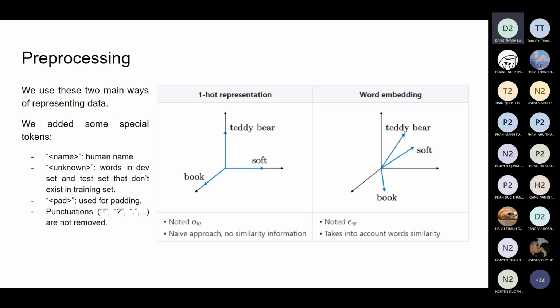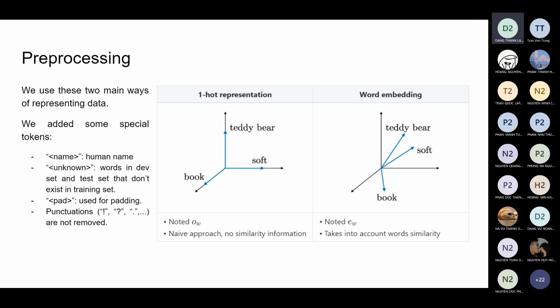Okay, so for pre-processing, because the dataset is already cleaned by the author, the next important thing we have to take care of is data representation. We use two main ways of representing data: one-hot representation and word embedding. One-hot, most of you already know what it is. For word embedding, we make a tokenizer encoding of the sentences, and then pass them into an embedding layer at the start of each network.